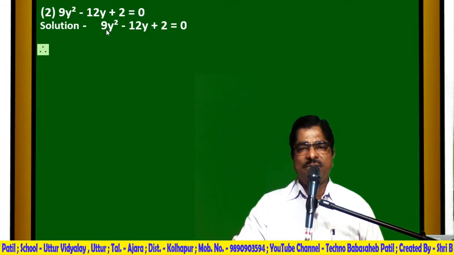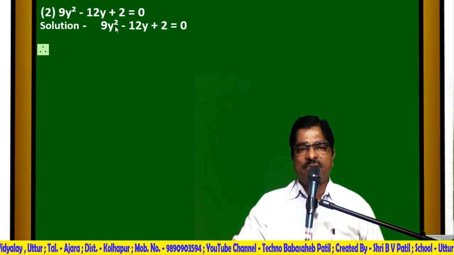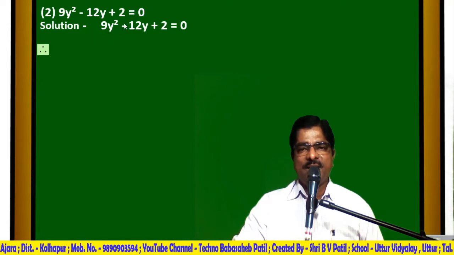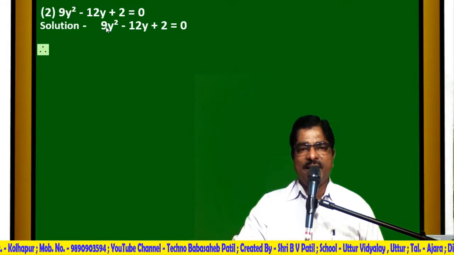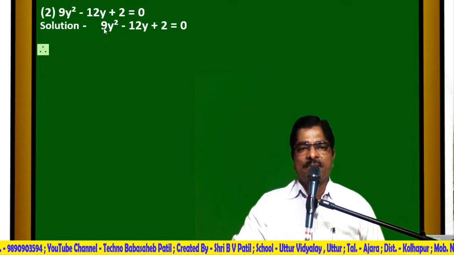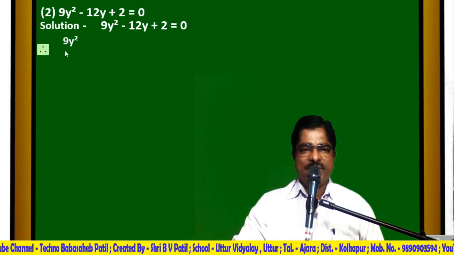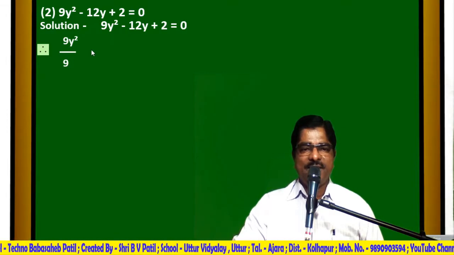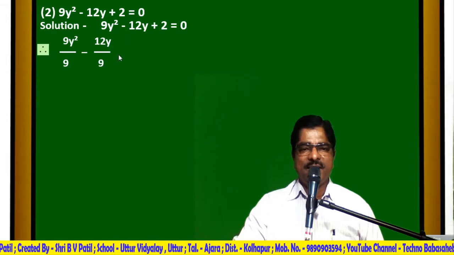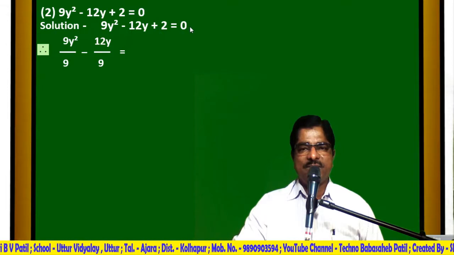We want y square with coefficient 1. The next step is to divide by 9. Then we get 1. We divide every term by 9: 9y square divided by 9 minus 12y divided by 9, and plus 2 taking to the RHS. What do we get here?